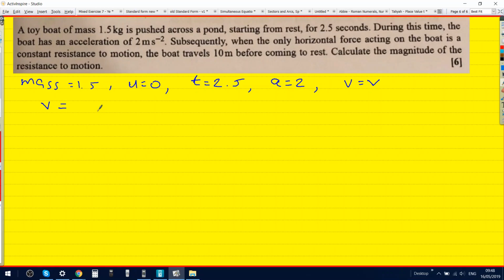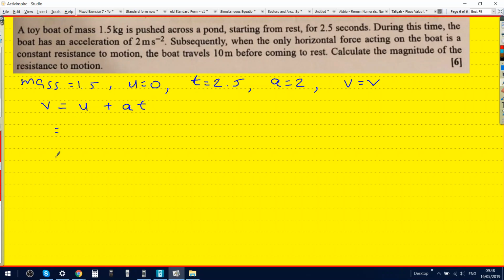Would you just sub those values into one of the SUVAT equations? Which one? Do you know which one involves v, u, t, and a? It's v = u + at.